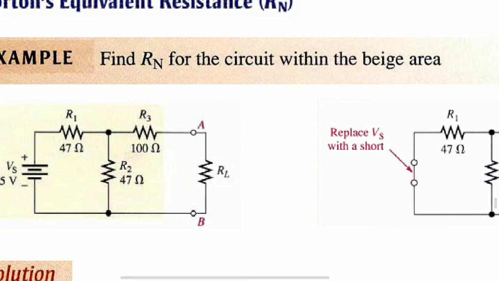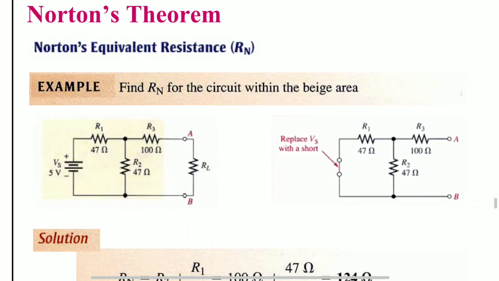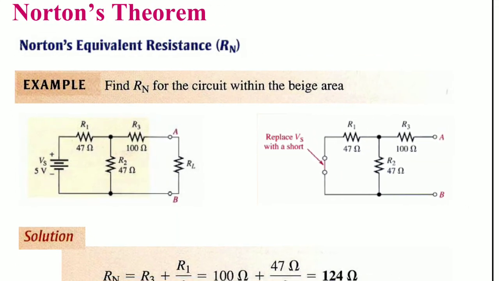So observe this one. Vs is replaced with a short, R1 is 47 ohms, R2 is 47 ohms and R3 is 100 ohms.